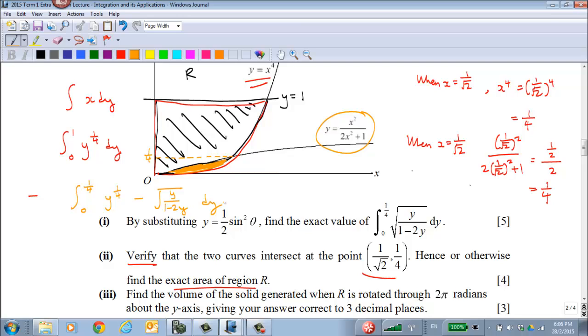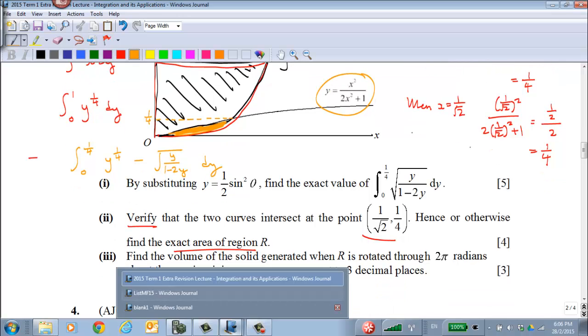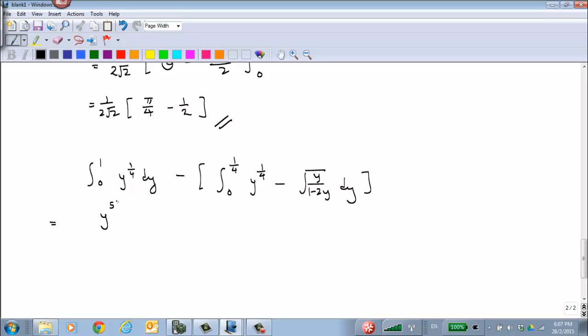So how do we do this? Let's do this on the other page. Y minus the integration of 0 to 1/4 of this one, square root y over 1 minus 2y dy. So this is the area that we want. So how to do this is 0. Okay, this one is the same.